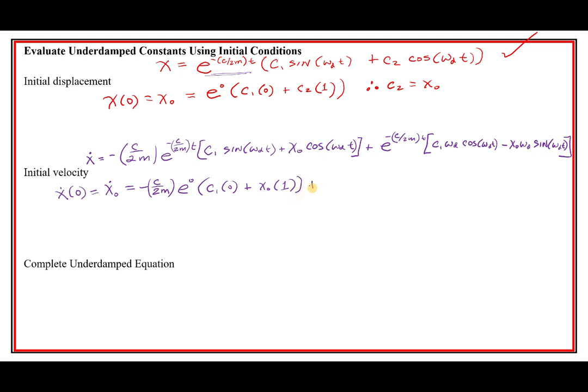Continuing on, plus e to the 0 times C1 times omega d times 1, minus x naught omega d, but that's going to be times 0. So collecting all those things, let's find out what C1 is equal to.